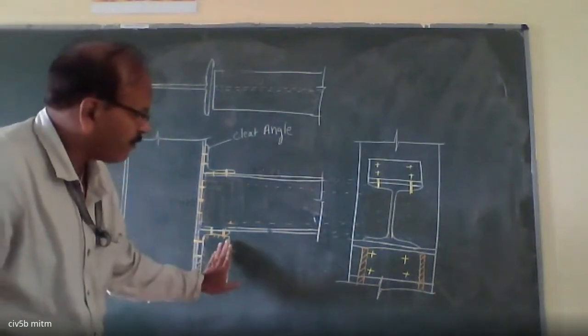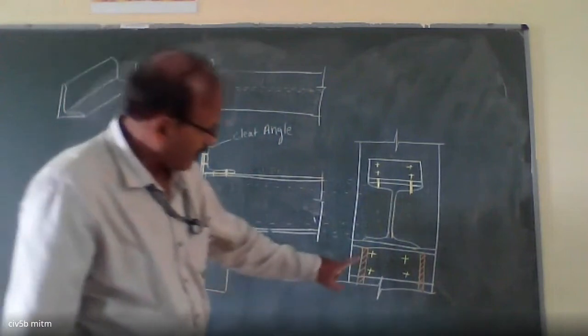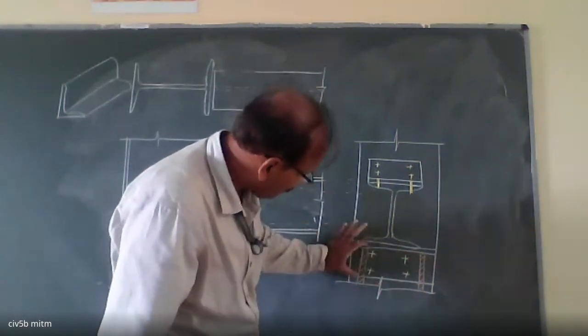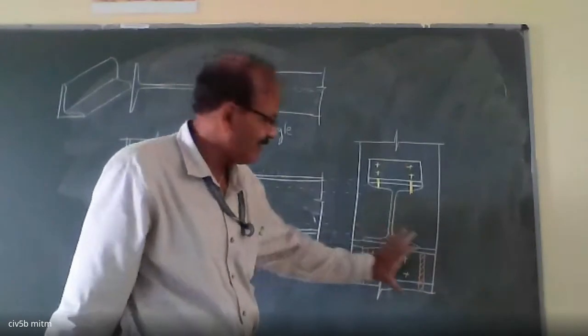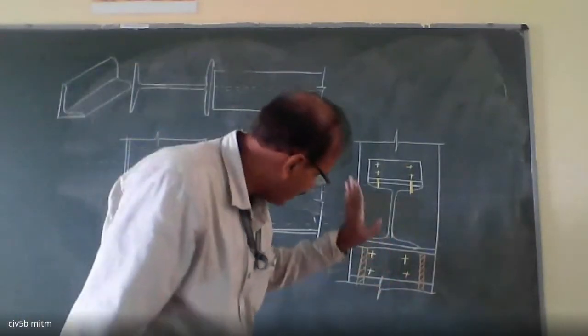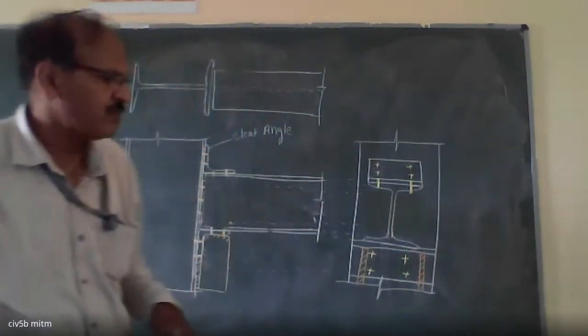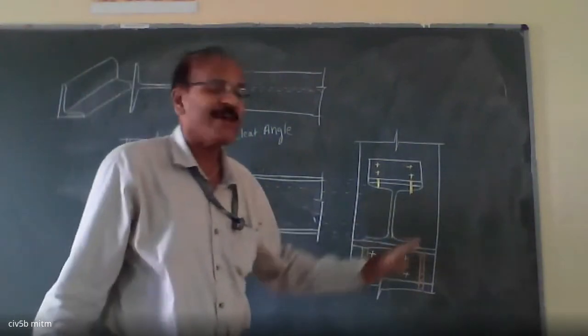So again, if you look from this side, you see this. And as far as stiffener plates are concerned, sometimes we provide smaller angles here as stiffeners, or sometimes we provide T sections as stiffeners. So there are different ways. This is one of the examples.